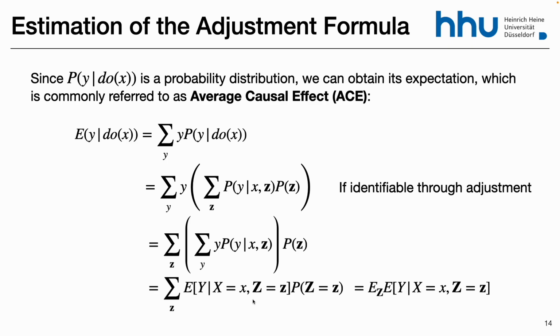You can use just the probability of the arguments, right? That's what we are using here. So in the end, it's just the expectation over z of this function, which is the expectation of y given x and z. So in the end, it's just two expectations.